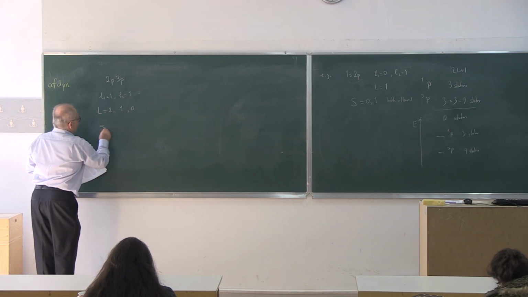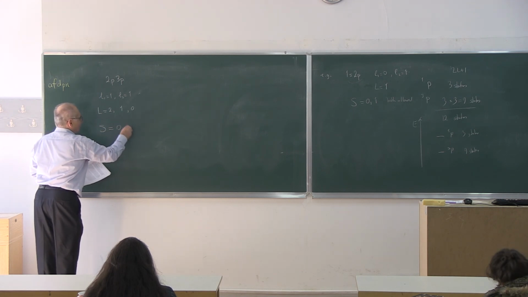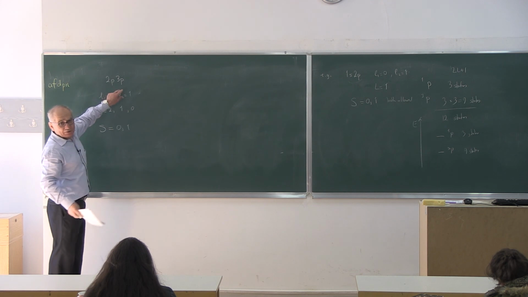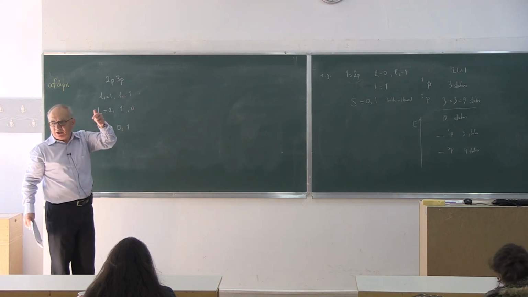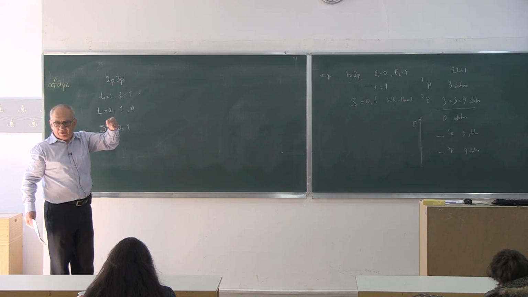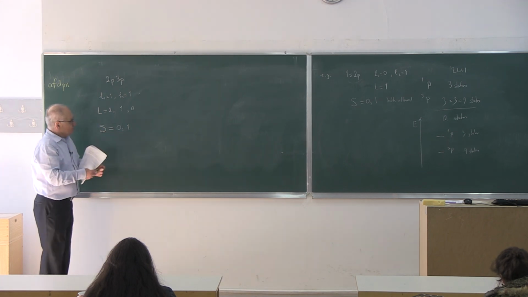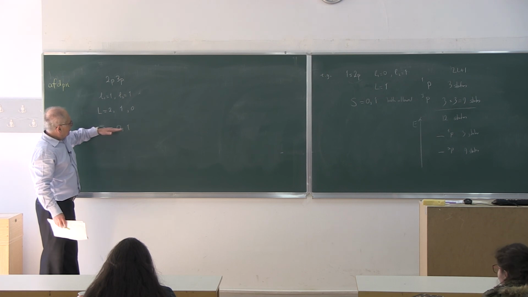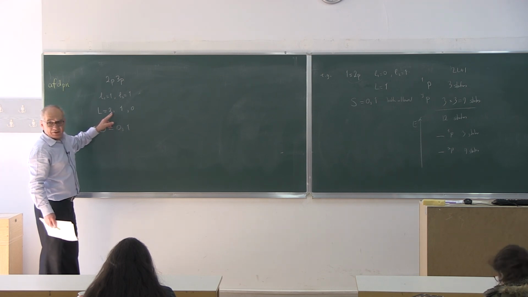Now, spin quantum number, total spin can only be 0 or 1, because there are just 2 electrons. For any 2 electron system, maximum value for S is 1. Number of electrons divided by 2, if n is 2, 2 over 2 is 1. Next, we ask whether each spin S value can be used together with each L value.